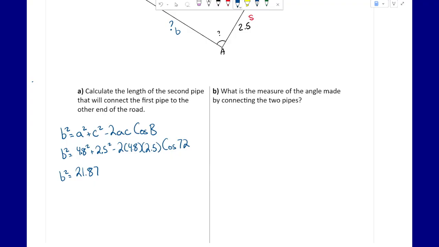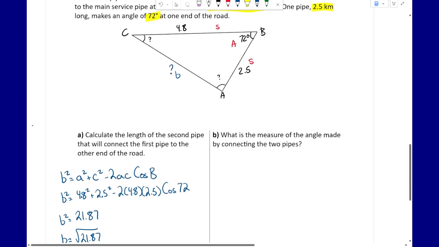If you look at that answer, you'd probably say that looks a little bit too big, and you'd be right because we do have one more step of square rooting that answer. So we square root that answer, and we get 4.68. So 4.68 is the length of that second road.